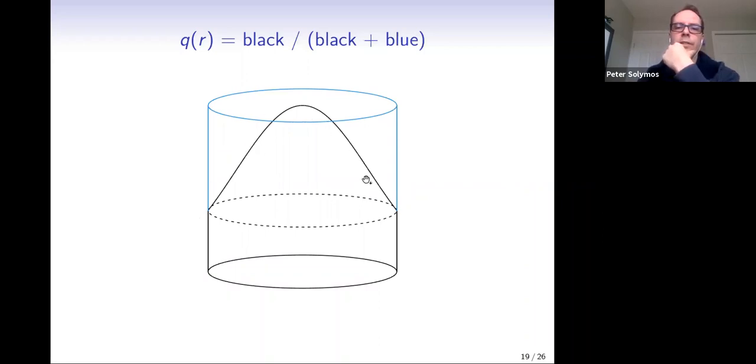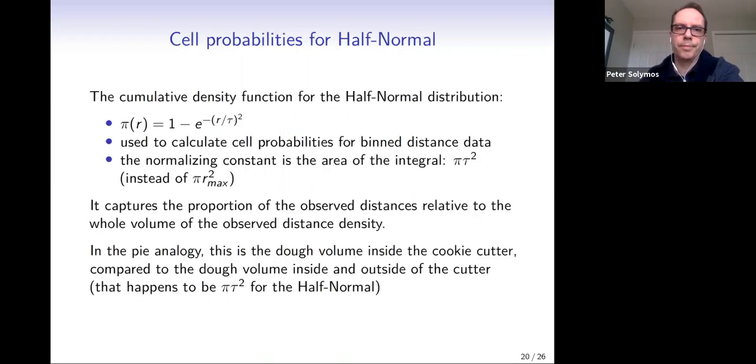We have this volume that we are interested in calculating, and then we have this whole volume. And if we know the two, then we can calculate the ratio, which is going to give us Q of R max, which is average detection. And this relates to the cell probabilities that we are going to use in the same multinomial model as we did before. So probably it's best to leave this for the coding part.